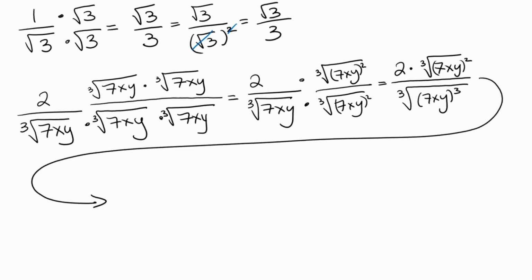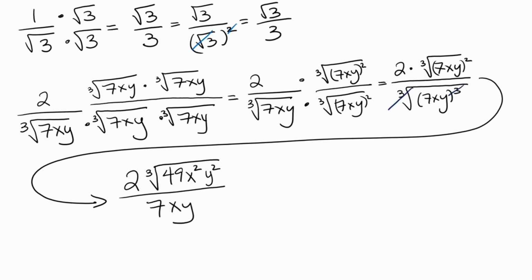And so let's just simplify this a little bit. On the top, we have 2 times the cube root of 7 squared is 49. x squared is x squared, and y squared, same thing. And on the bottom, that cube root and that cube are going to cancel out. And so I'm going to end up with 7xy on the bottom.